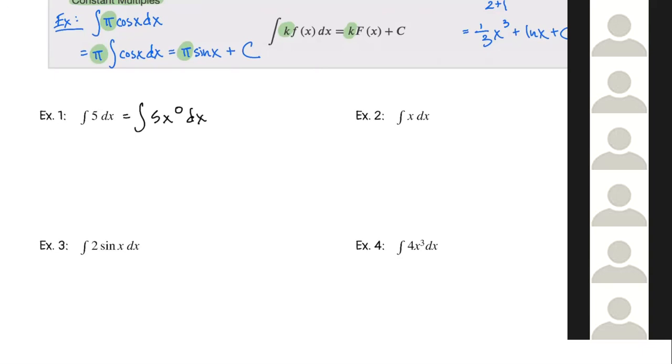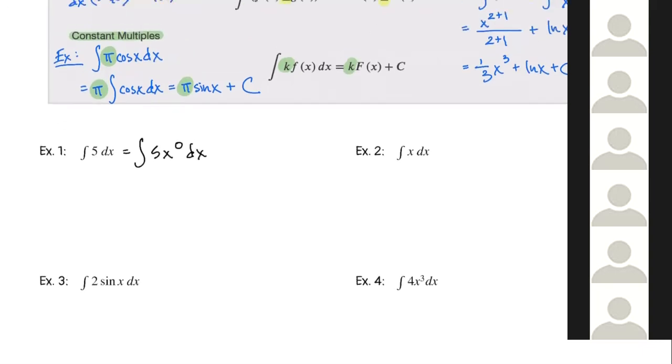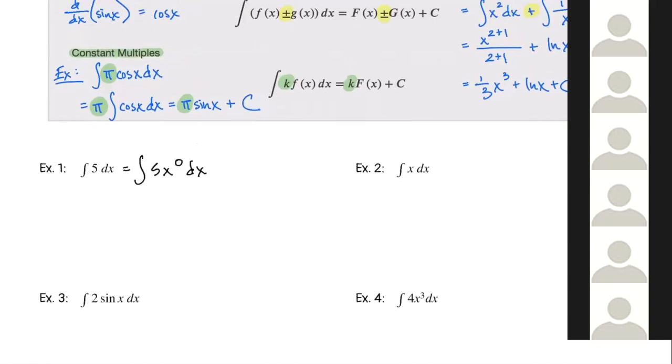Okay, but if we were to think about the power rule and that constant multiple rule, I can take the 5 and bump it out to the front. So I get 5 times the integral of x to the 0 dx. Now I can use the power rule. So 5, and let's see, we'll get x to the 0 plus 1 over 0 plus 1.